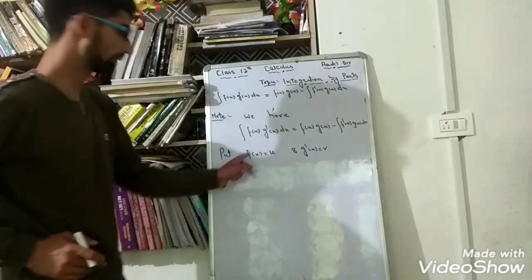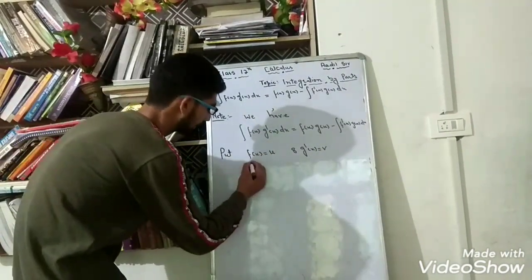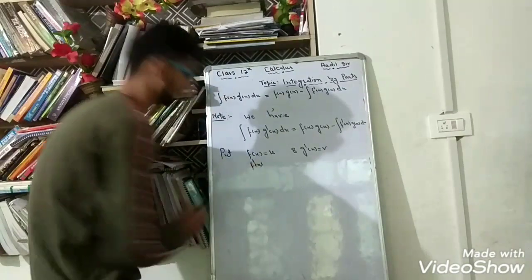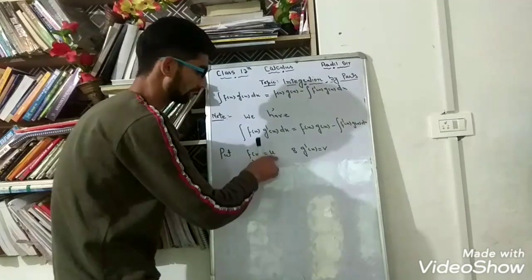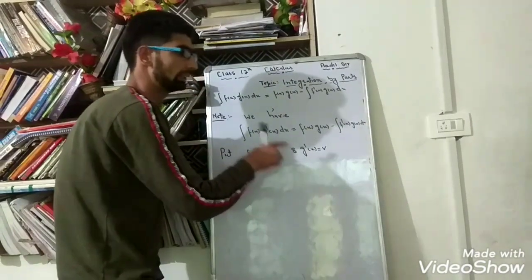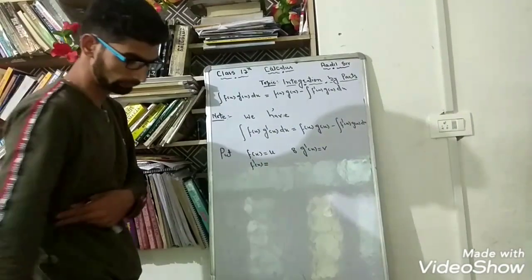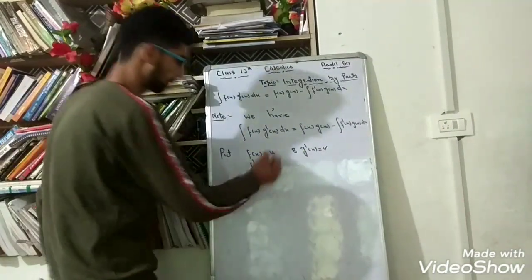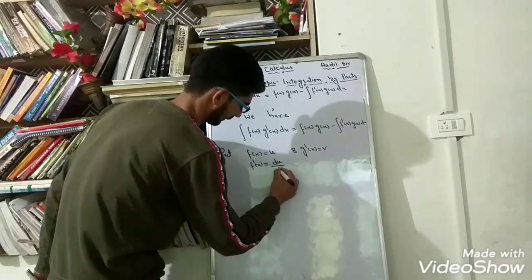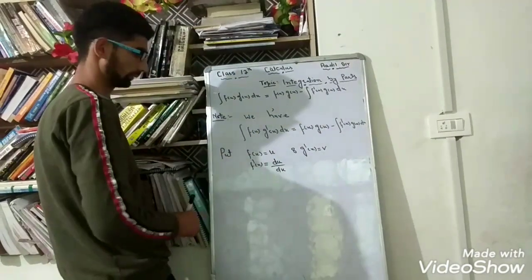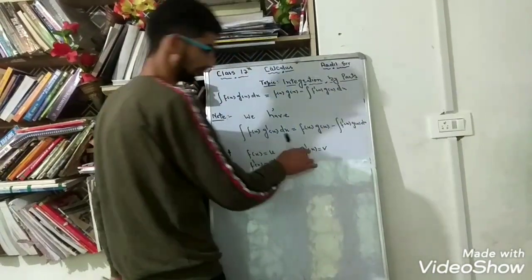I will differentiate it on both sides. I will get f dash of x dx equal to u dash of x dx, that is du by dx.